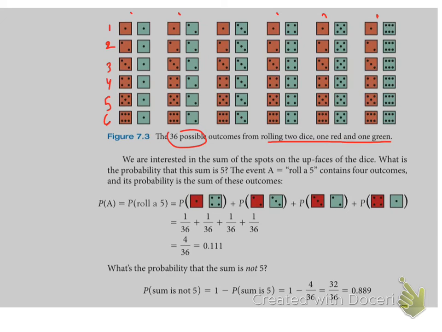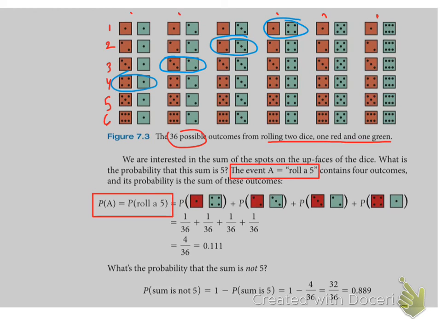Suppose we want to find the probability of event A, roll a 5, we want a 5. If we know all events are equally likely, we can use the previous formula where probability of A is roll a 5. You have to look for how many outcomes here give 5. If I look carefully, I see this one is 5, this one is 5, this one is 5, and this one is 5.